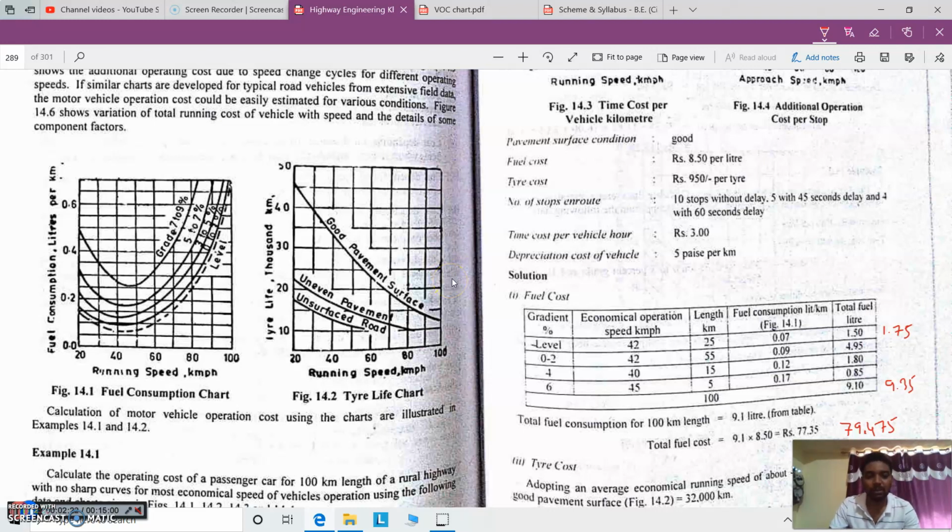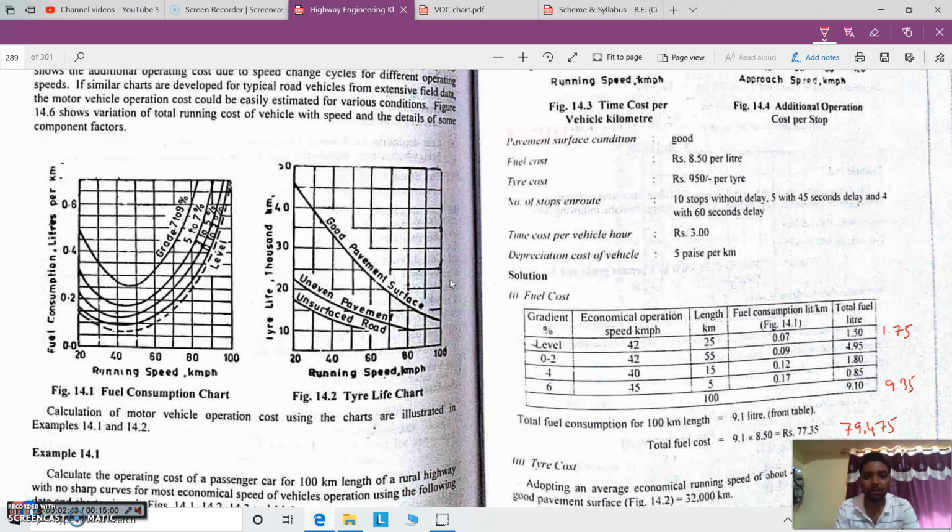That summation involves fuel cost, tire cost, the number of stops that may be involved en route, and then time cost per vehicle hour, since you may take your vehicle for 2 to 3 hours and those hours may be charged.